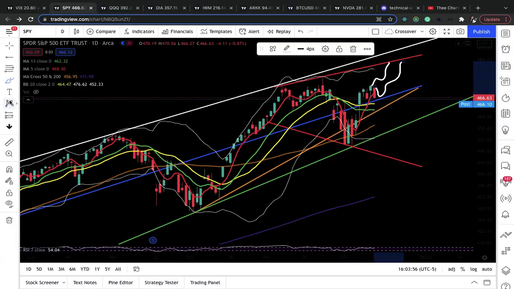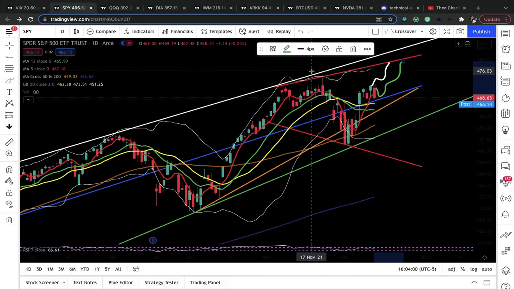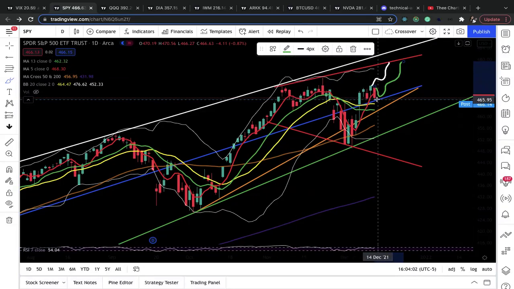But of course, there's also a bearish scenario where SPY can break down from the blue support line and retest it. If this is the bearish scenario, this is where you want to enter. You want to enter on the retest and head down lower, okay?